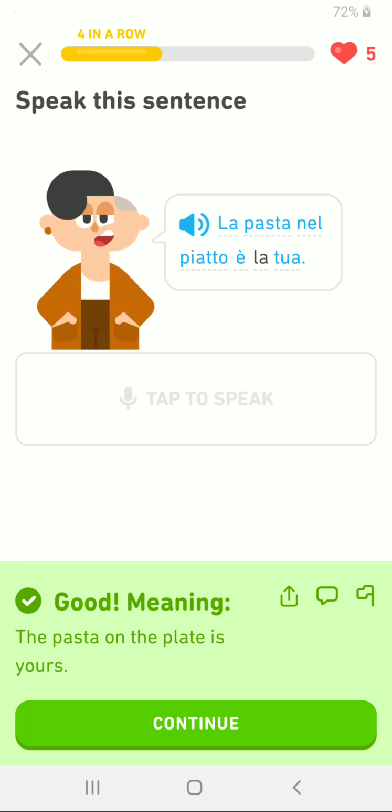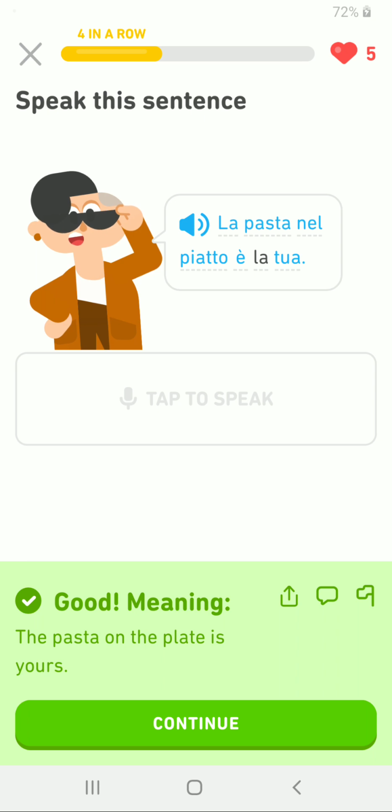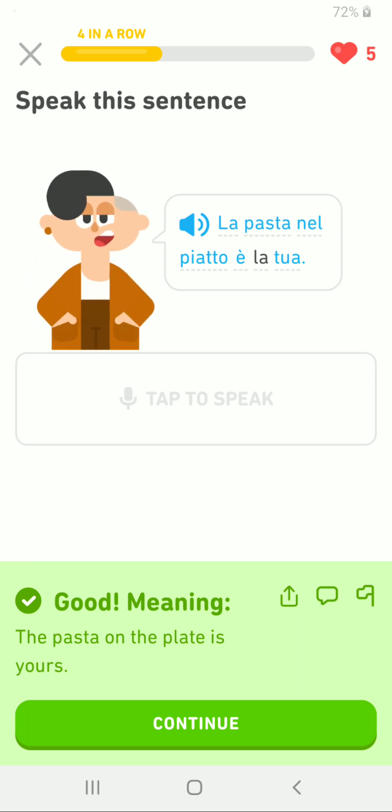So we say that the article doesn't have to be repeated, but if you want to emphasize more that it's yours and not anyone else's, not mine, not his, not hers, not theirs, but yours, you have to put la tua.